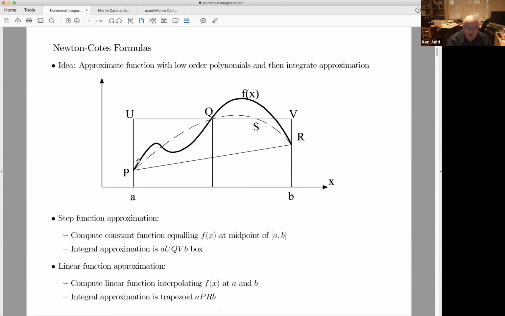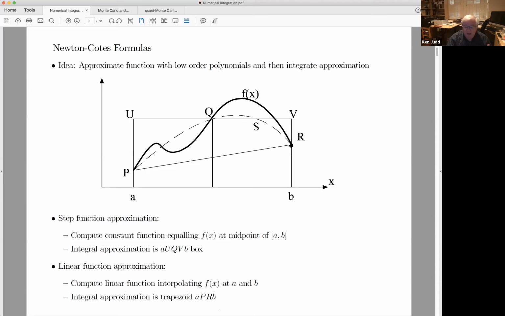A better one is where you take 3 points over the interval AB, the endpoints, P and R, but then also include the midpoint of the interval and evaluate the function at the midpoint, and you're at point Q. And then look at PQR. Well, PQR defines a parabola.